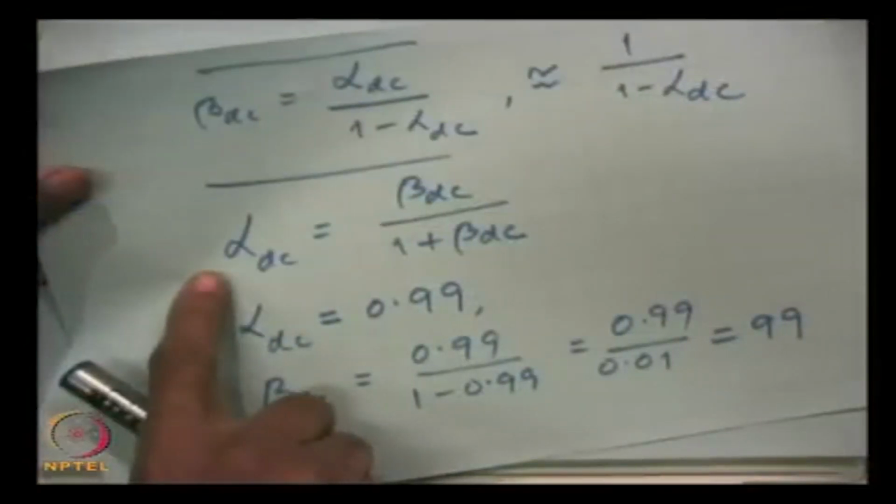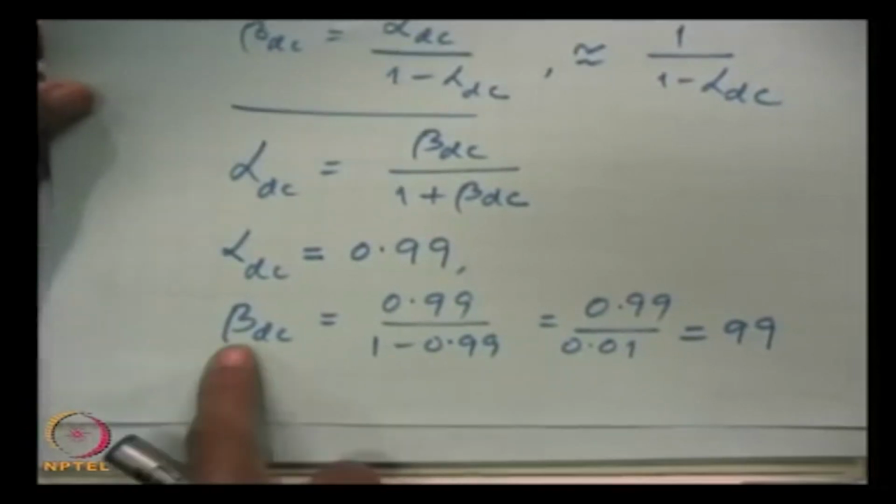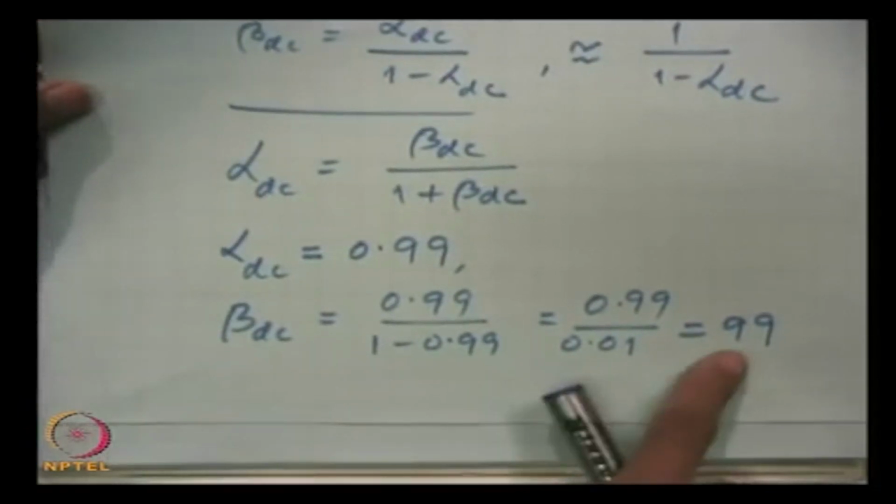While we have talked about 3 circuits, common base circuit, common emitter circuit and common collector circuit, we will study all these 3 circuits in detail, and we will realize that out of these 3, for various reasons, one reason you have seen here, that current gain in common base is very small, but current gain in common emitter is very high.